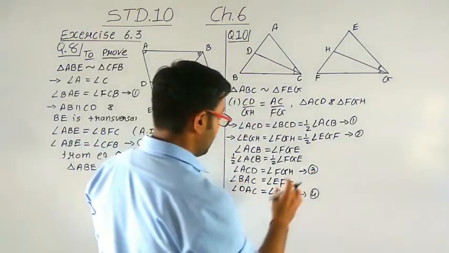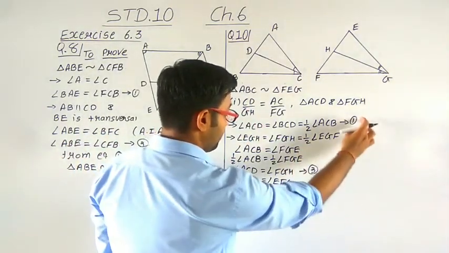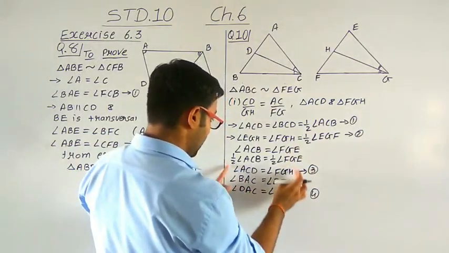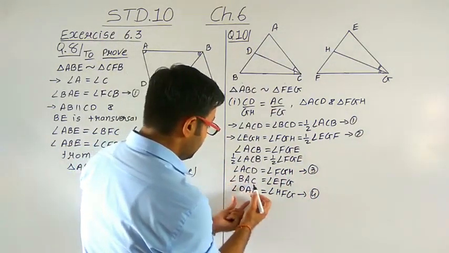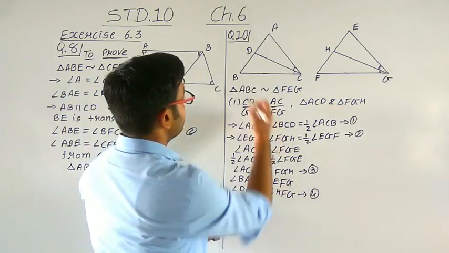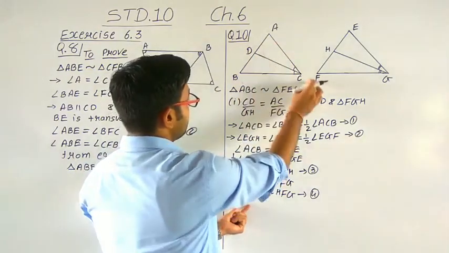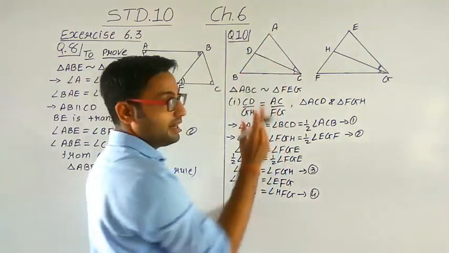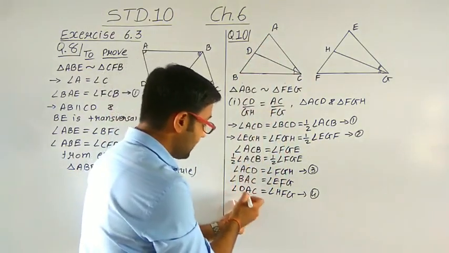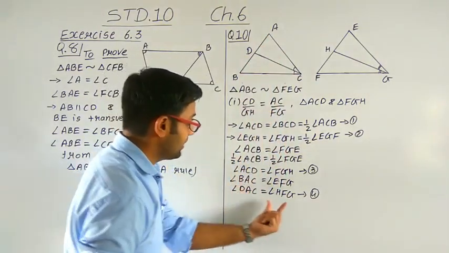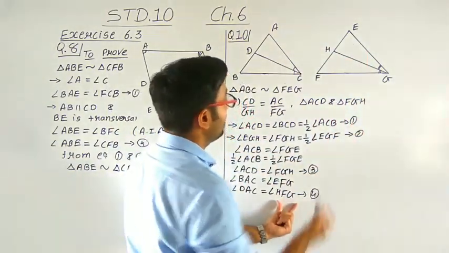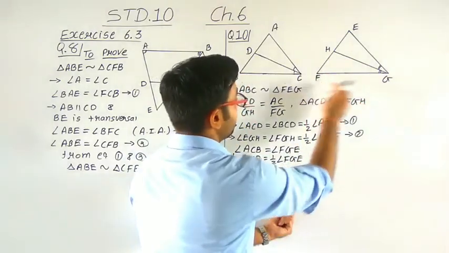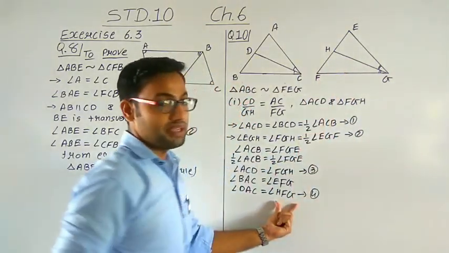Right? How can we write these two things? According to equations 1 and 2, these two angles we can write in this way. Now instead of BAC, we can write DAC because B and D are collinear. Angle A is there, we are not changing the angle. In the same way, instead of EFG, we can write HFG because angle F remains the same.